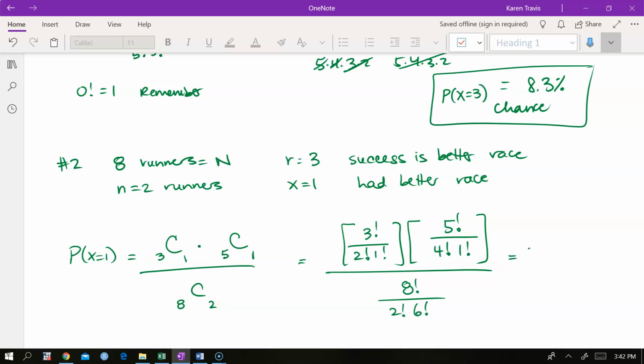So the first one works out to be just a 3. The second one works out to be just a 5. The bottom one works out to be 28.